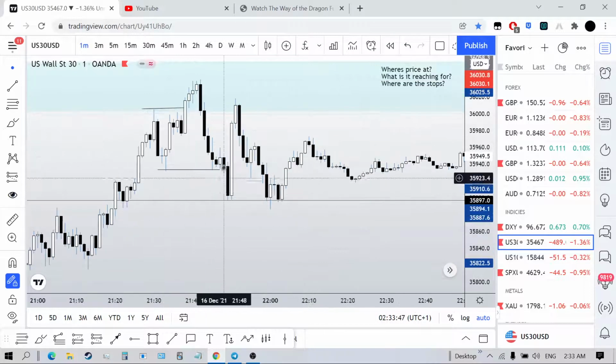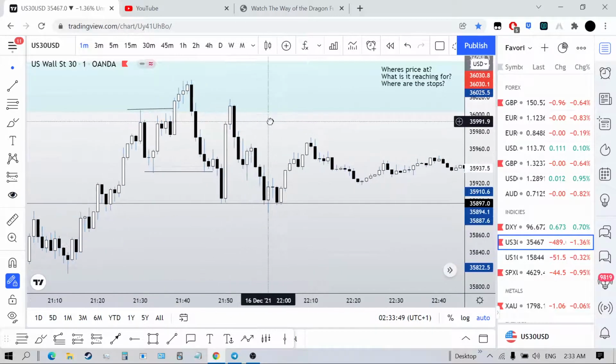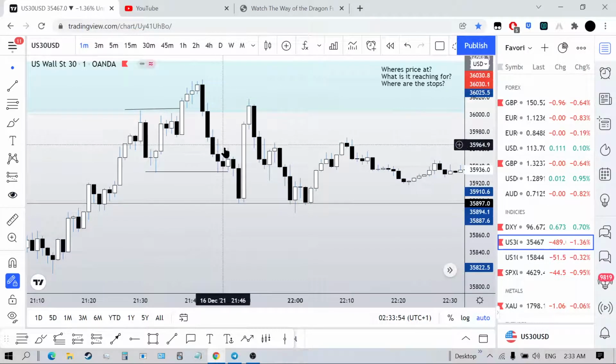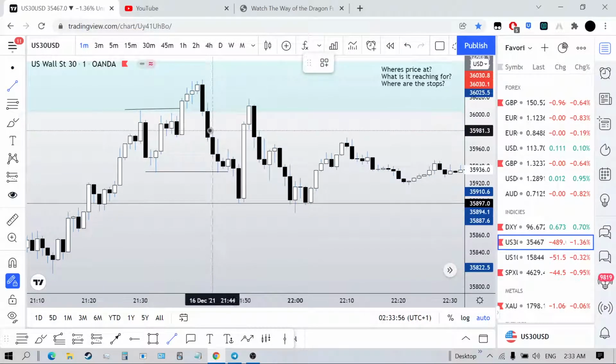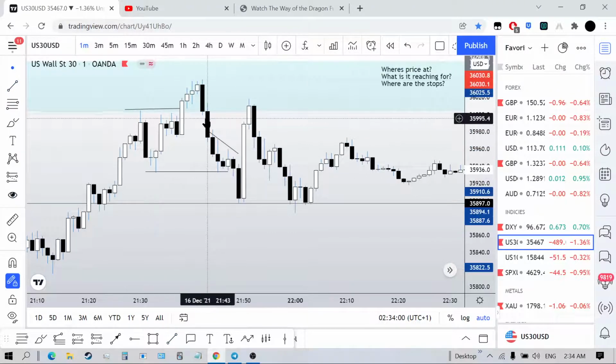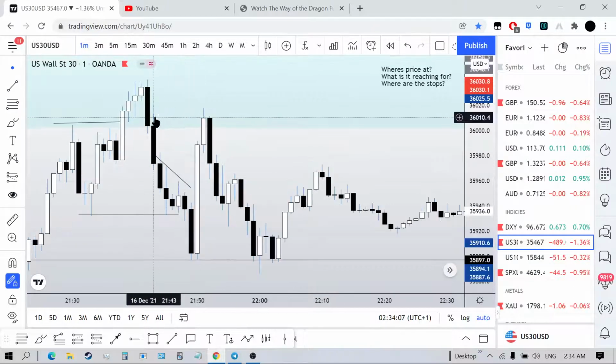We came back up. Okay, where's the stops inside of this range? From the top here to the low here, where's the stops? All of this right here, all of this. Where's the liquidity? FVG. You can enter inside of this FVG. It came up a little bit higher, right inside of above this, and that's fine.